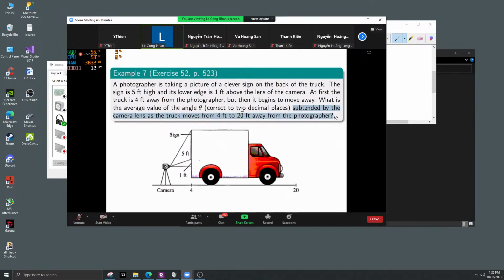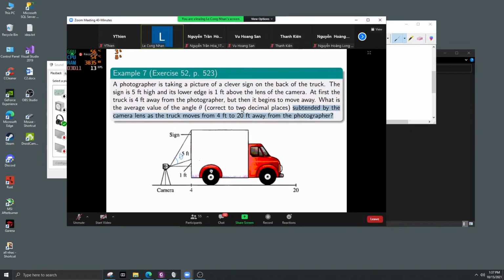Okay. So what happens when the truck moves from a distance of 4 feet to 20 feet from the camera? When the truck moves, the angle theta subtended varies with respect to the distance from the truck to the camera. Okay.